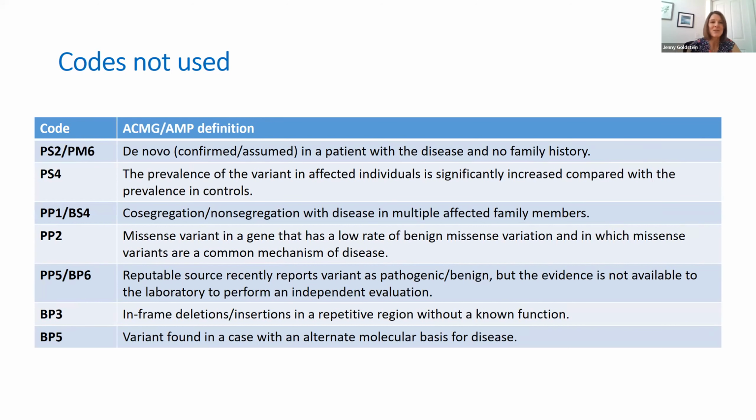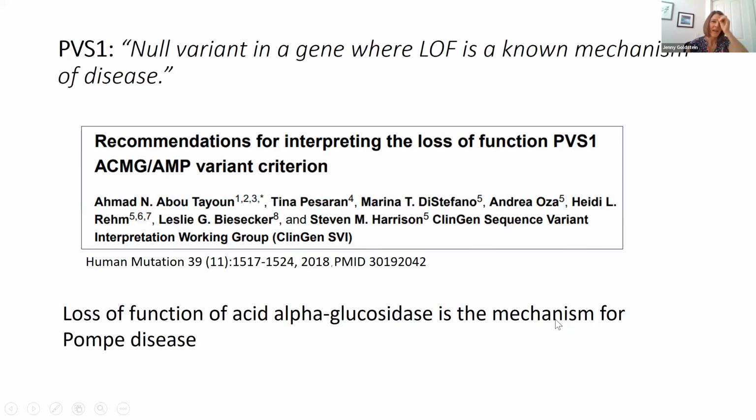Okay, so moving on. All right, so beginning with some straightforward information. PVS1, of course, is a code that we will use, and we follow the recommendations from the SVI for PVS1. And we know, based on all the information that we have, that loss of function of this enzyme, acid alpha glucosidase, is the mechanism for Pompe disease.